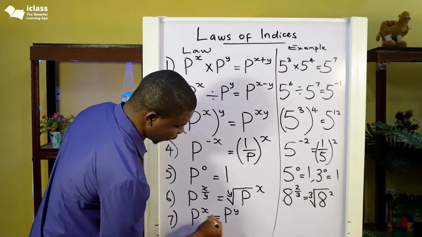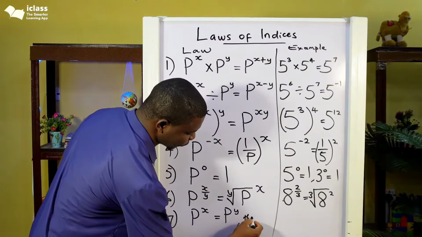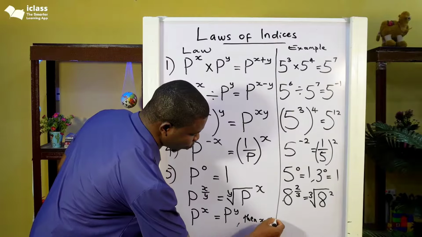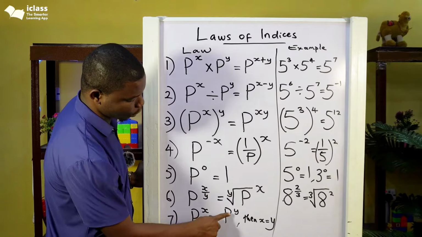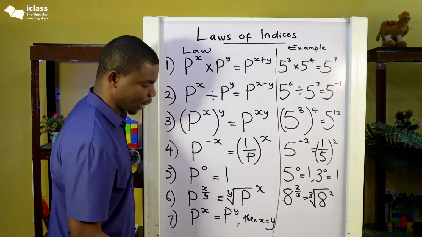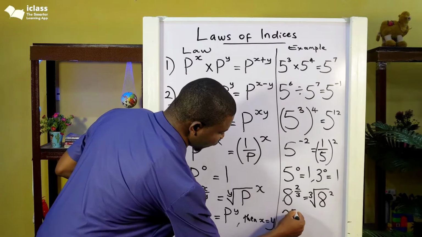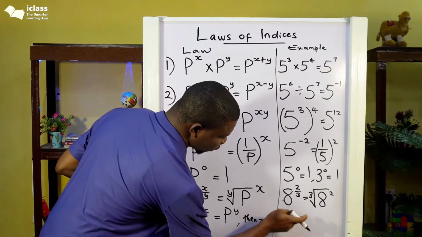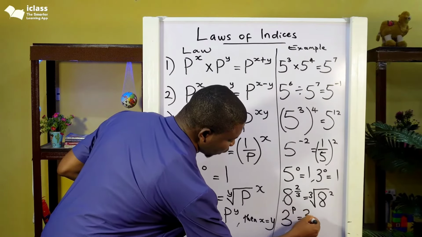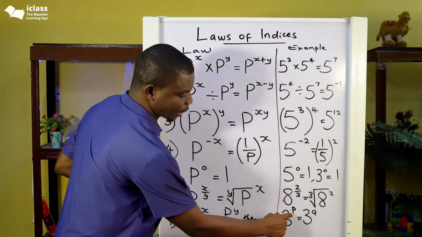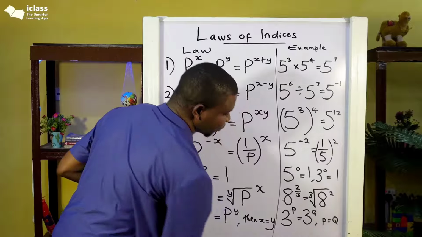So if p raised to power x is equal to p raised to power y, then x is equal to y. An example would be 3 raised to power p equals 3 raised to power q. Then we can safely say p is equal to q.